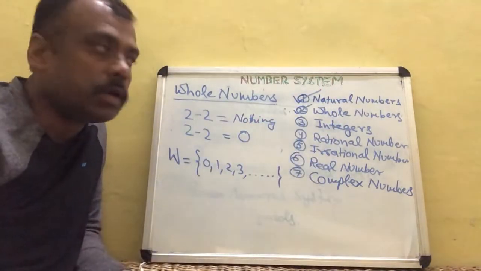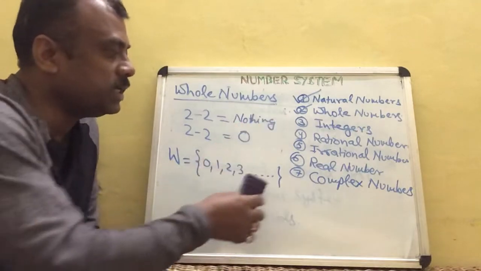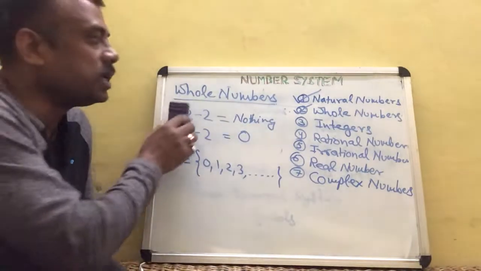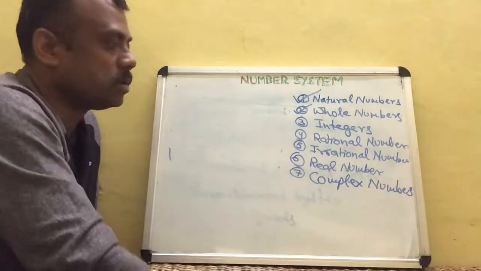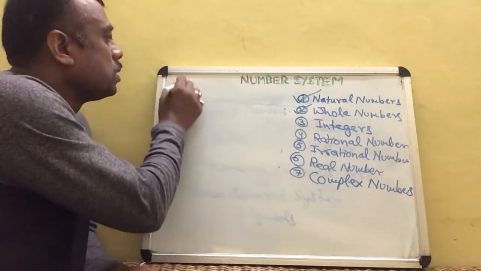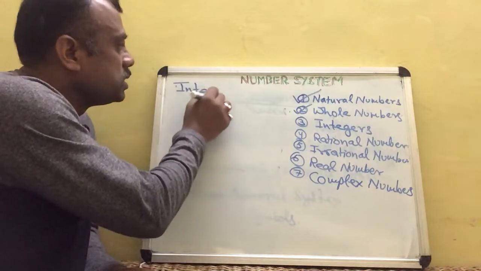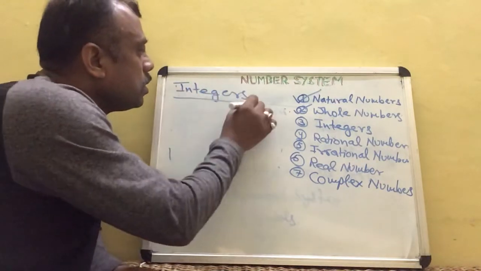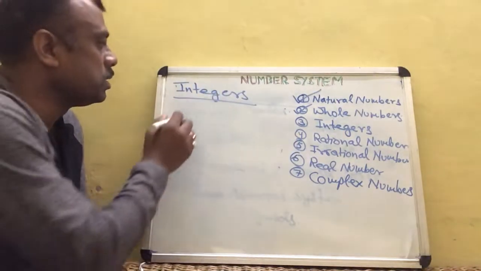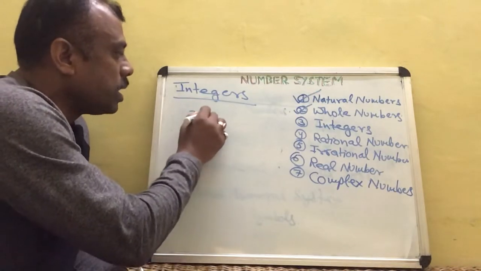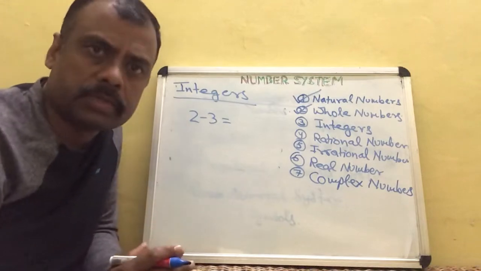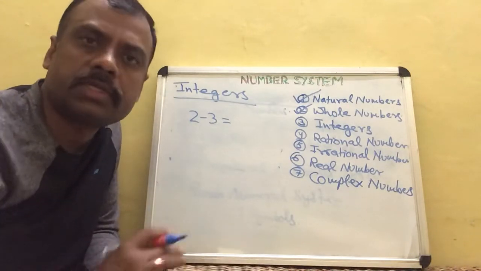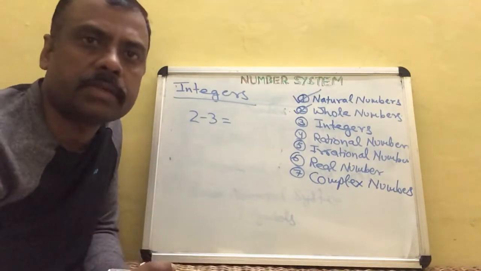Now, for integers, let us consider another problem: 2 minus 3. Practically this is not possible, since if 2 items are there you cannot subtract 3 items.